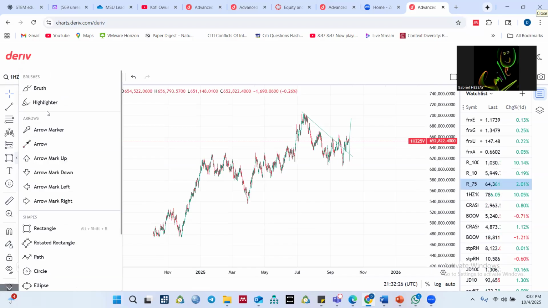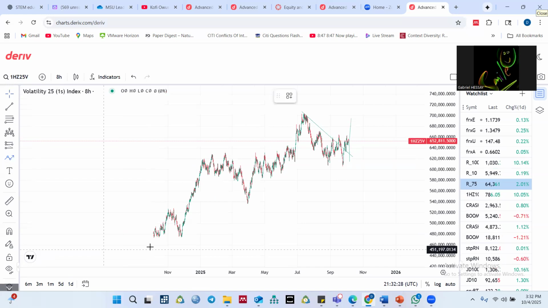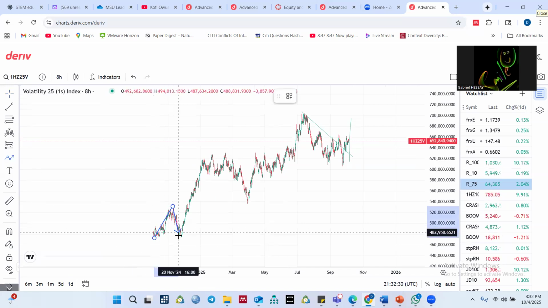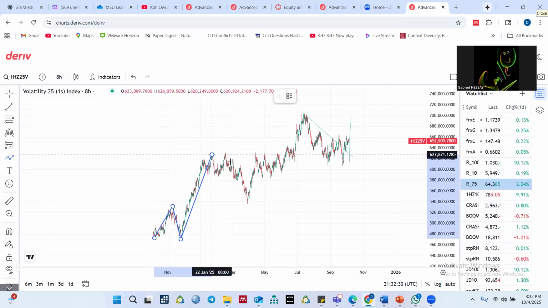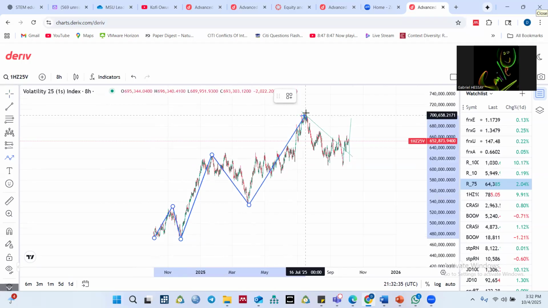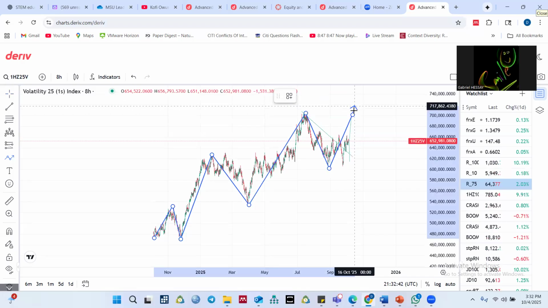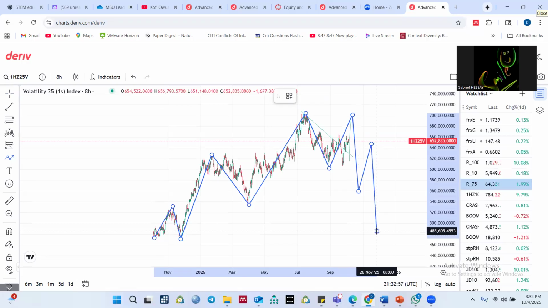So in a bullish market, we expect higher high, lower high, higher high, lower high. So we should expect a higher high somewhere. But if it fails to give us a higher high and drops to break structure, break the previous low, then we can expect a pullback and more sells.